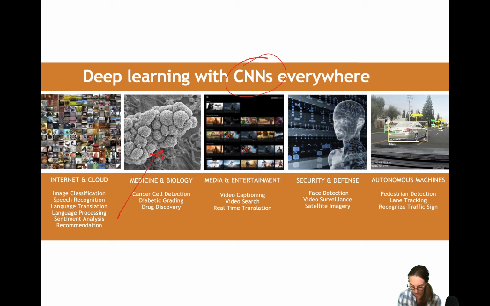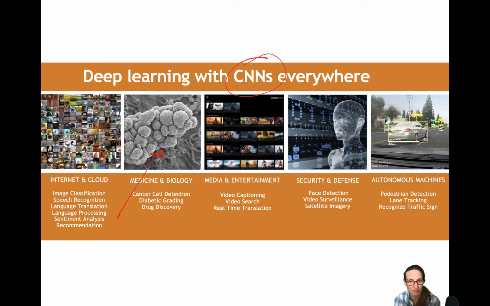Media and entertainment, of course: people examine what you're looking at when you watch YouTube, movies, the kinds of images you see. Everything's being analyzed. In security or defense, there's a lot of face detection going on.